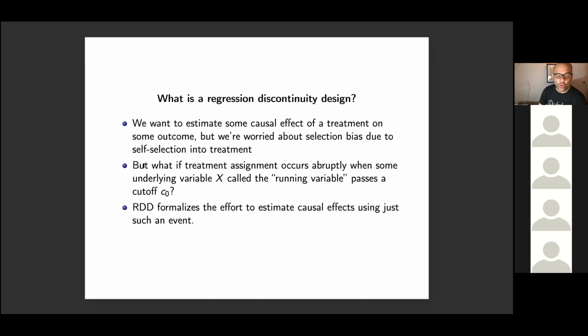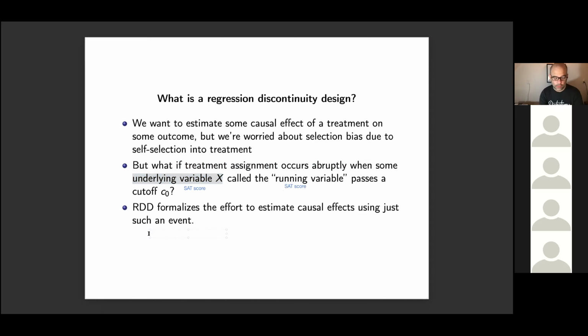All right. And it works if some treatment assignment, okay, college enrollment, occurs abruptly when some underlying variable X, so here the underlying variable was SAT score, was the running variable. That's what they call it.